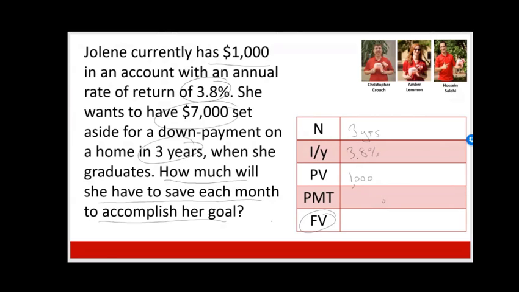This is why I say don't ever trust that you're solving for the remaining variable. Always double check and see what am I trying to solve for. See, this says how much she will save each month. So where would that 7,000 go? Okay, so that would be the future value because that's what you want. Awesome. So now which one's negative, the 7,000 or the 1,000?